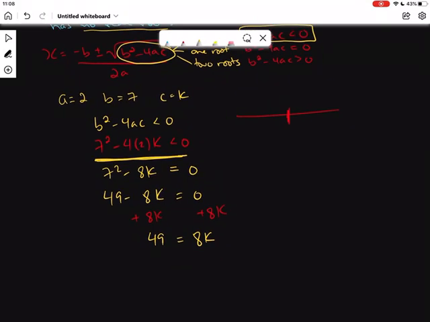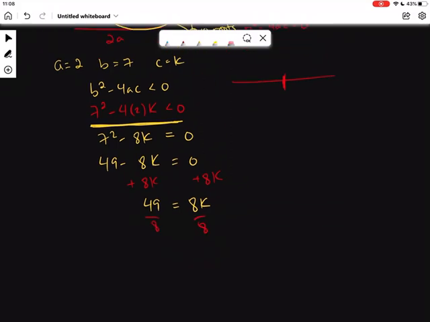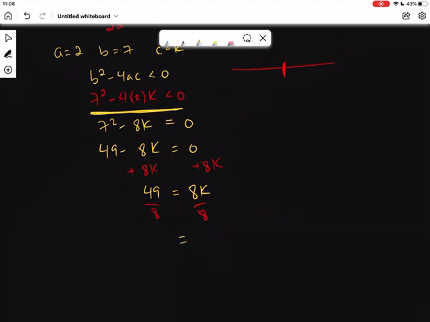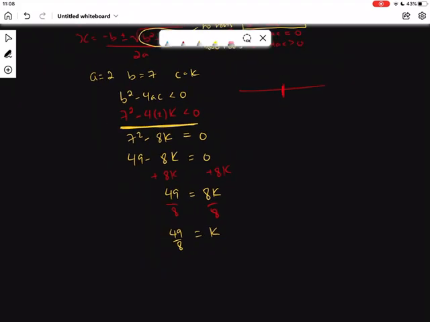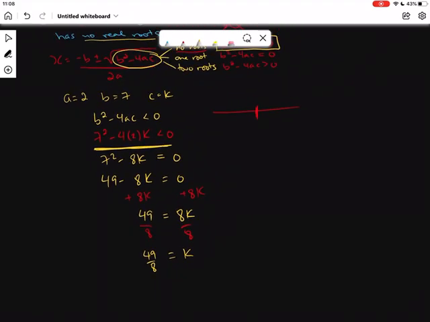And then I'm just going to divide both sides by 8. And we see that k equals 49 divided by 8. And that's okay. It's just a fraction. It's not a super nice number, but we're okay with that. So this is my boundary. k equals 49 over 8 is my boundary.